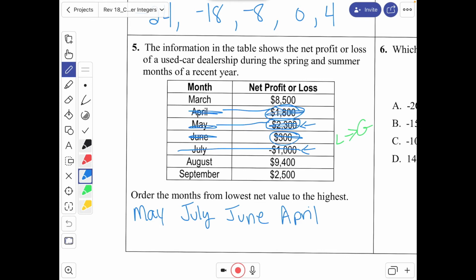After April, 2 is smaller than 9 or 8, so September goes next. And then after September would be March. And then August is last.